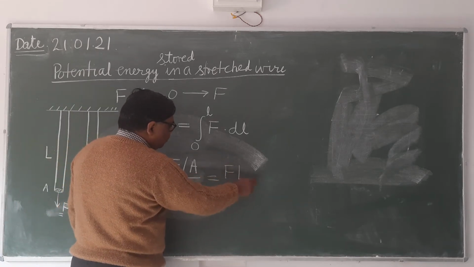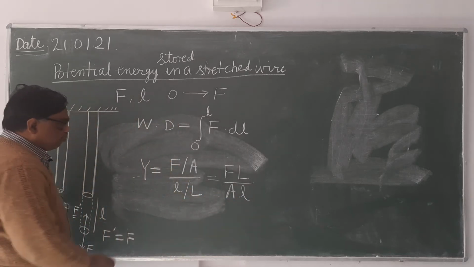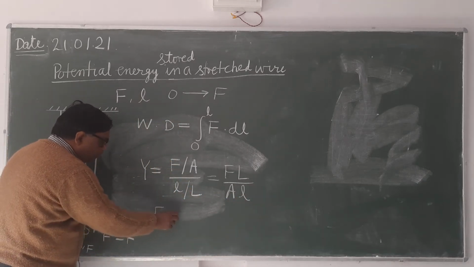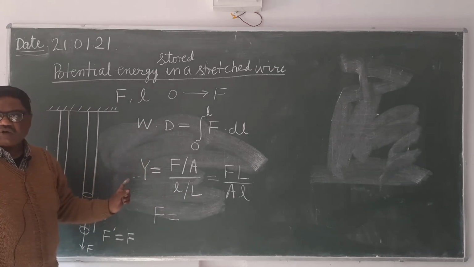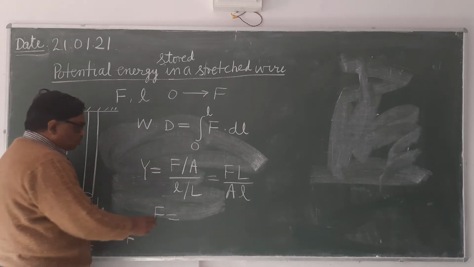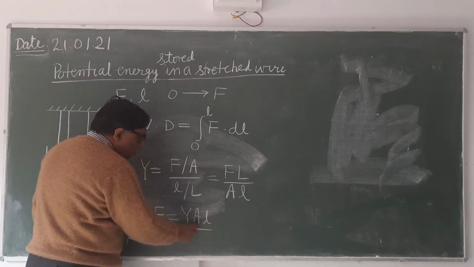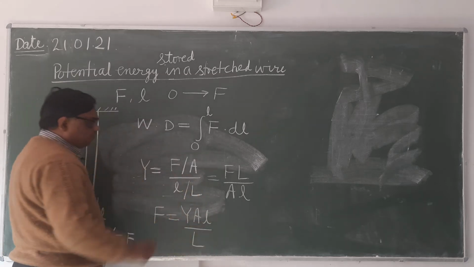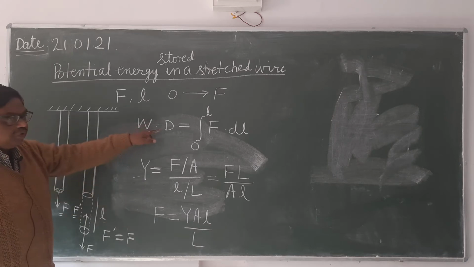F L upon A into small l. So what will be capital F from here? Y is the Young's modulus of the material of wire, so F will be Y into A into small l upon capital L. Now we will substitute this value here.